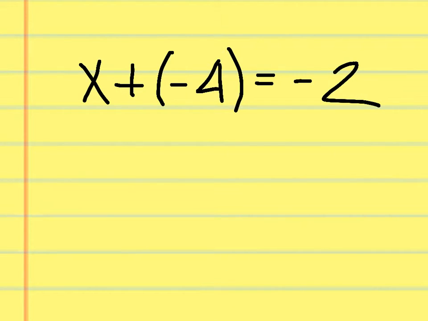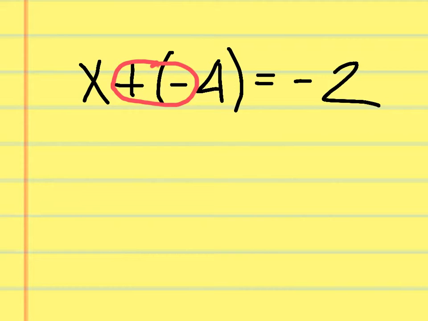x plus a negative 4 equals a negative 2. Does anyone remember how we can change plus a negative? What sign do these two turn into? Plus a negative turns into what? That's why we did this so long ago when we were doing adding and subtracting of positive and negative numbers.